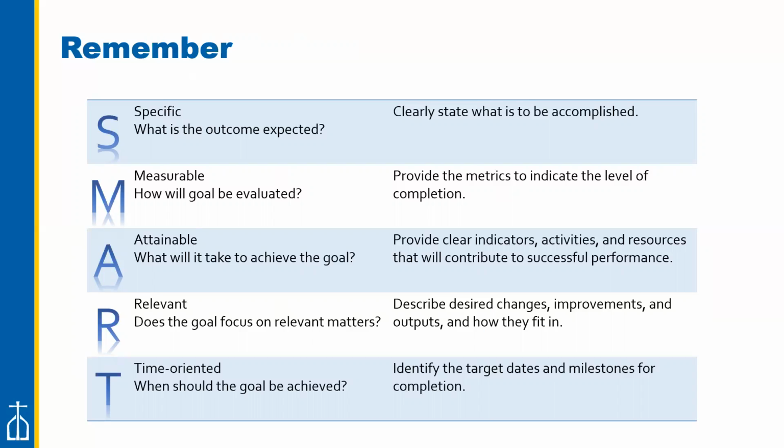So there are two pieces there. You want to make sure that they understand the why behind each of the goals that you're giving them. That helps make the goal relevant. And then you also want to make sure that it falls within their skill set. You want to make sure that it's relevant to your department goals. People want to know that they're contributing to their program's overall goals and the program visions.